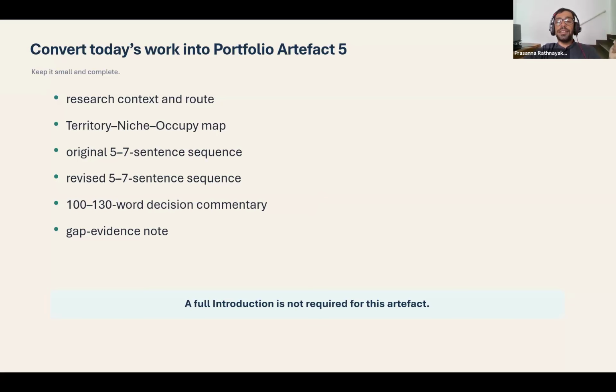The gap evidence note is important. It asks you to state what evidence you still need to verify before making the gap claim. Actually, this continues our session 4 principle. A researcher remains responsible for evidence and judgment. If you complete the worksheet carefully today, most of the portfolio artifact will already be drafted.